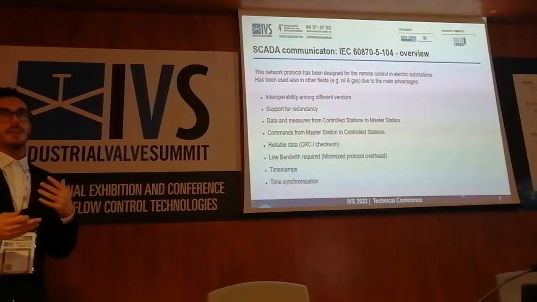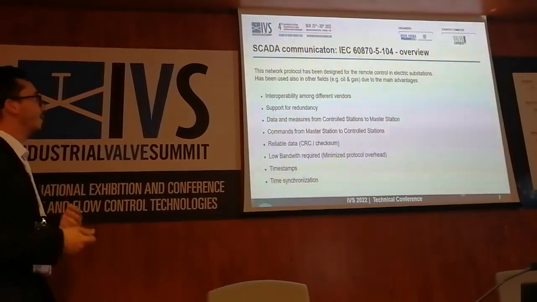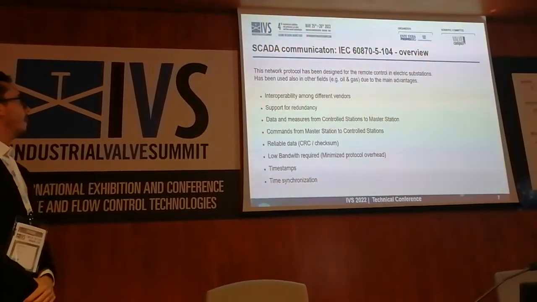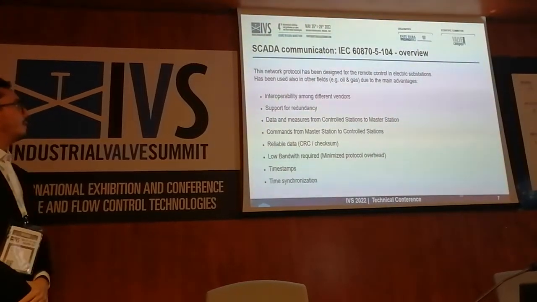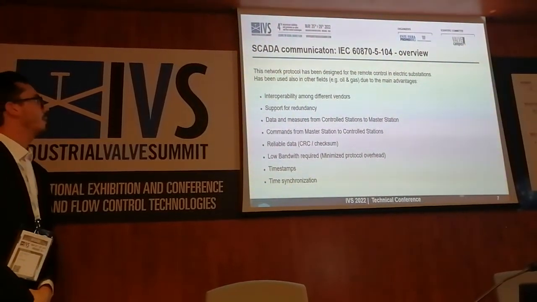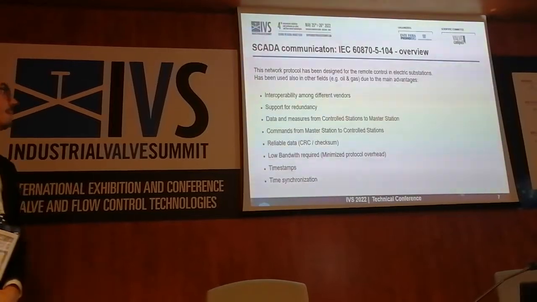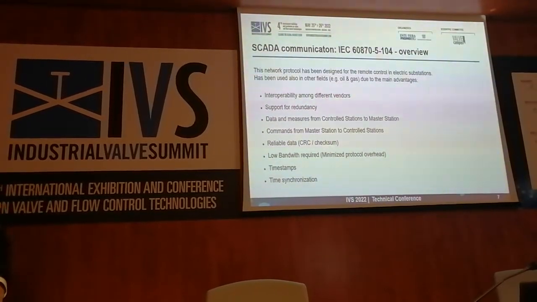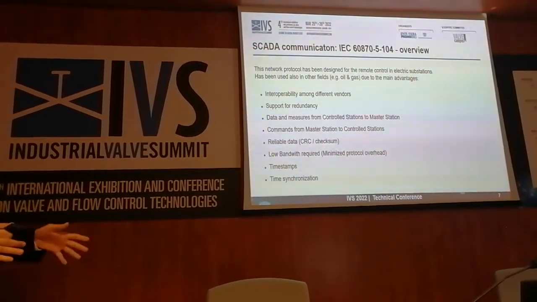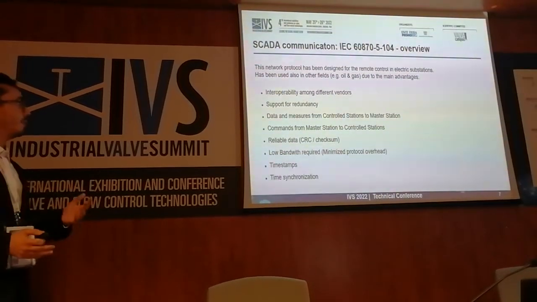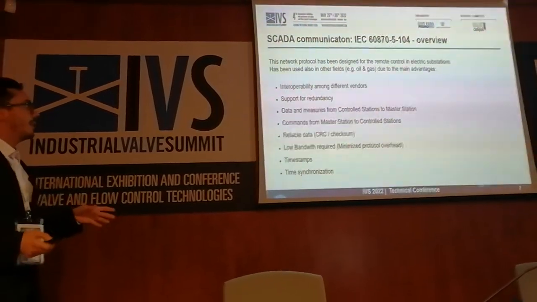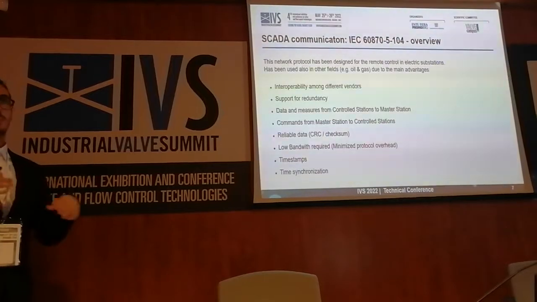I will refer to it as 1.4 because it's simpler, and the decision to use this one was mostly because there are some benefits, some advantages. Even if not really related to oil and gas, the decision was because with this protocol it's possible to provide interoperability with more vendors.